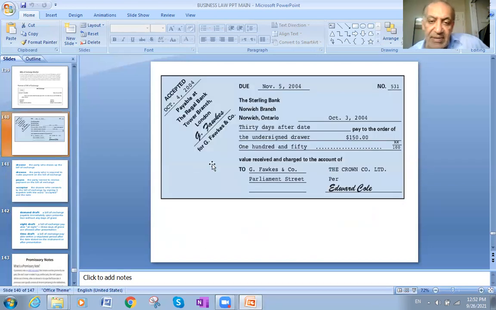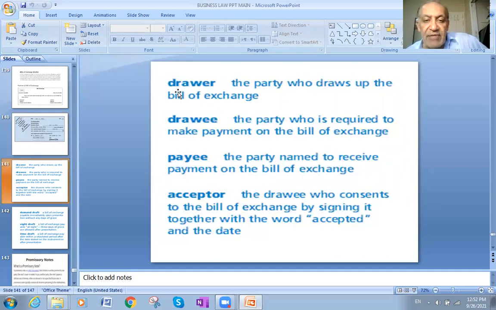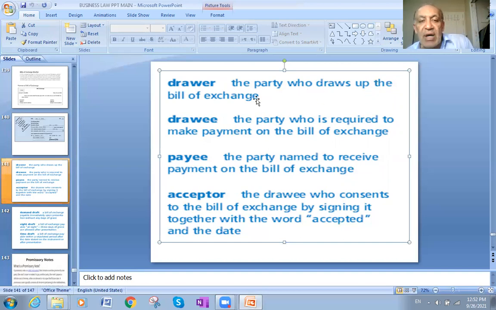Let us see an example here. The dollars received, and here we have the drawer and drawee. This is a very simple way. So we have the drawer, the party who draws up the bill of exchange. Okay, so I owe you, I am the drawer. The drawee, the party who is required to make payment on the bill of exchange.